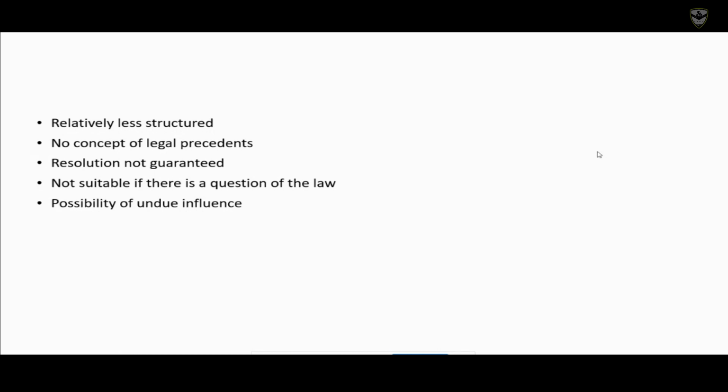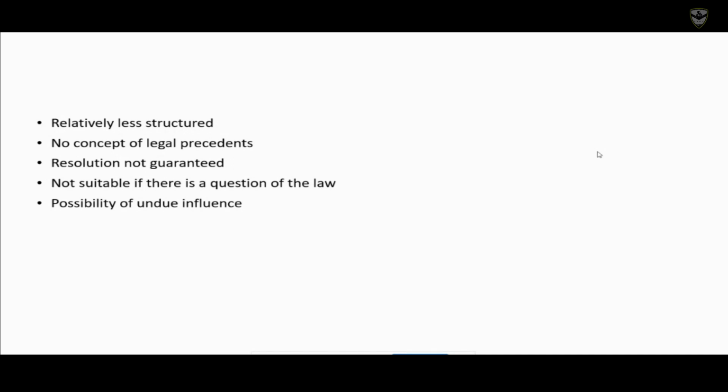If the dispute involves a question of law, then ADR will not work. Also, if one of the parties has a higher level of power or influence, the outcome of the ADR process may be tilted in their favor, and the stronger party may prevail.